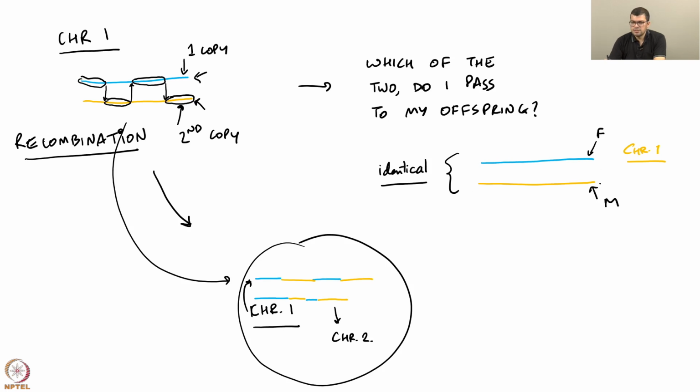If these two sequences are completely identical at every single place, which means the Hamming distance between these two sequences is 0, then recombination does not really matter, because you can go up to this point and then switch and copy from here. But because copying from here is exactly the same as copying from here, it does not matter which of the two chromosomes you copy from to create this hybrid, because both are identical at every single place.